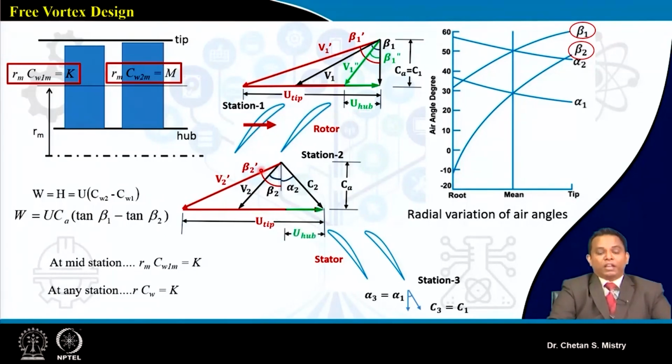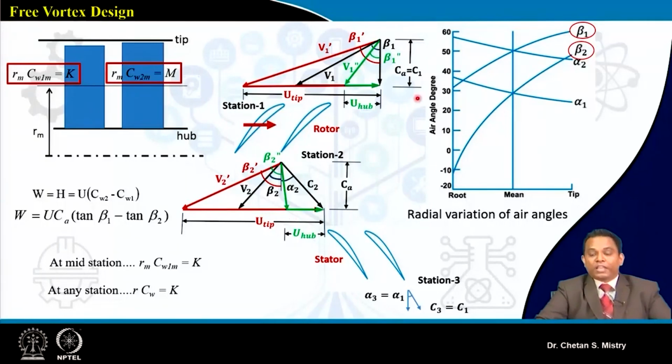And here at the exit, this will give me beta 2 double dash. Now we need to be very careful here. All the way from hub to shroud, my beta 1 and beta 2 are changing. The change in beta 2 and beta 1 is because of the change of peripheral speed.